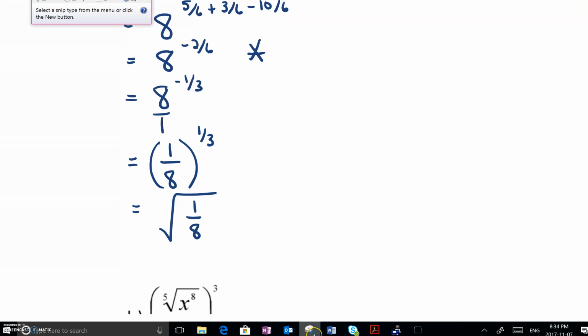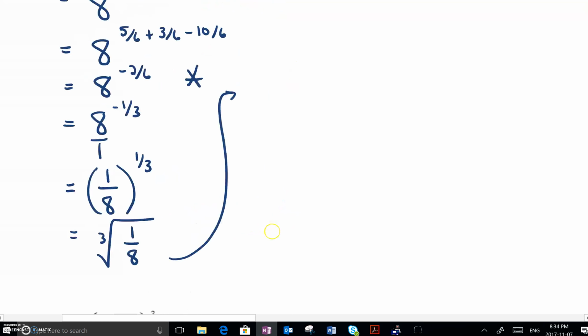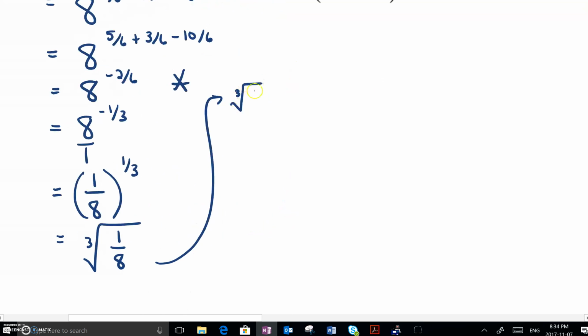We're going to put the 3 where the denominator is, inside where the index is. And at this point, we're going to do the third root of 1, but we're also going to do the third root of 8. Any root of 1 is equal to 1, and the third root of 8 is equal to 2.